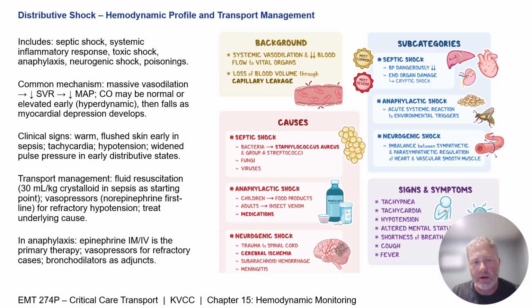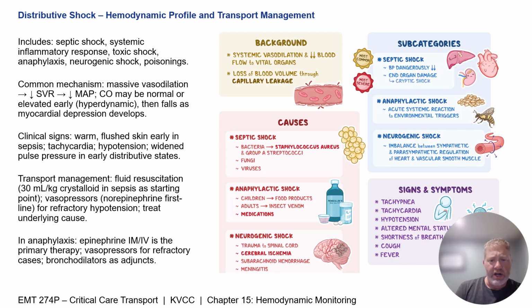Over time, myocardial depression can develop, and cardiac output might fall. This explains why blood pressure can remain unstable despite having apparent flow. The primary hemodynamic hallmark for distributive shock is low SVR, low systemic vascular resistance, and treatment centers on fluids, vasopressors, and correction of the underlying cause, such as infection or anaphylaxis.